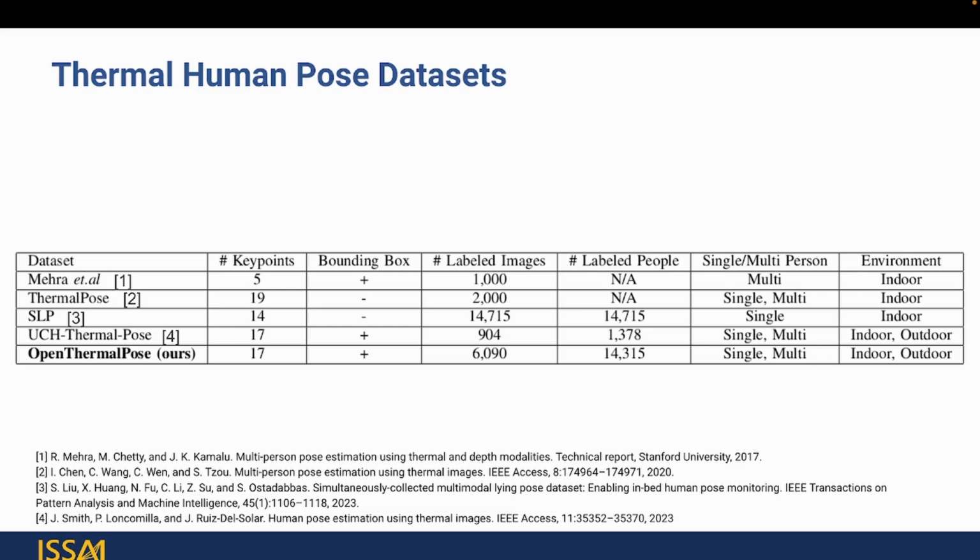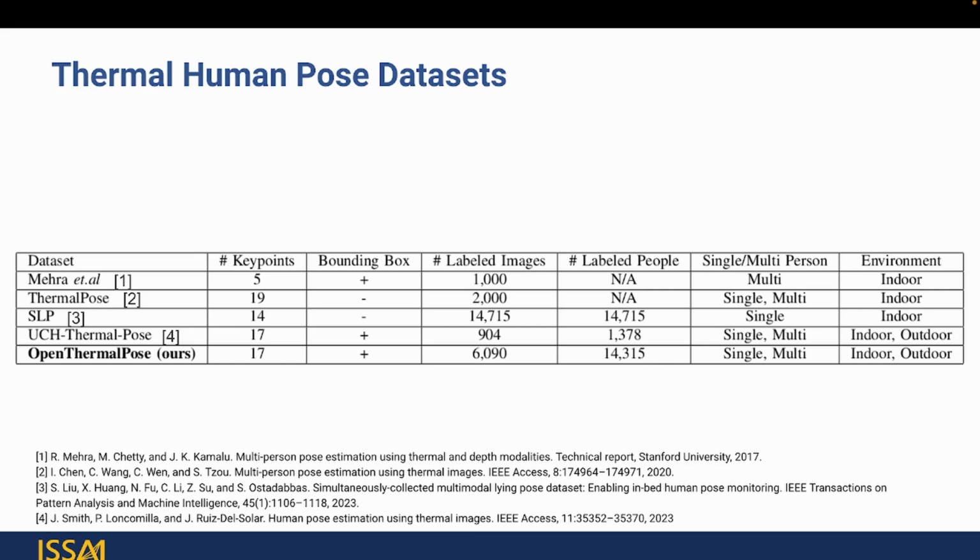The SLP dataset, focusing on in-bed poses, features 14,715 thermal images from a controlled indoor environment, annotated with 14 key points per image, but without bounding boxes. The UCH thermal pose dataset comprises 904 thermal images with 1,378 human instances annotated with bounding boxes and 17 key points aimed at both training and testing.